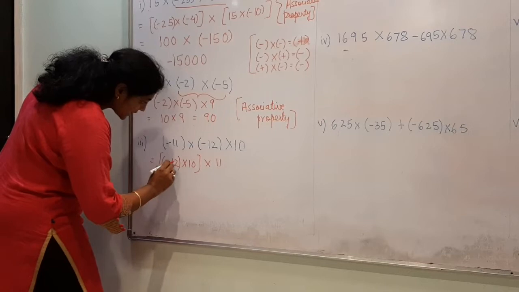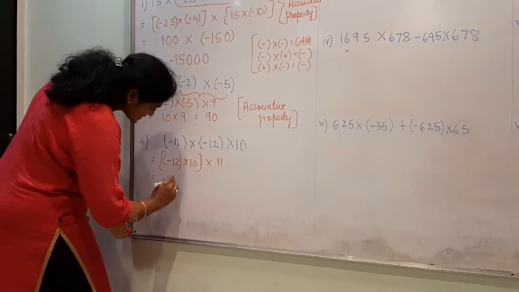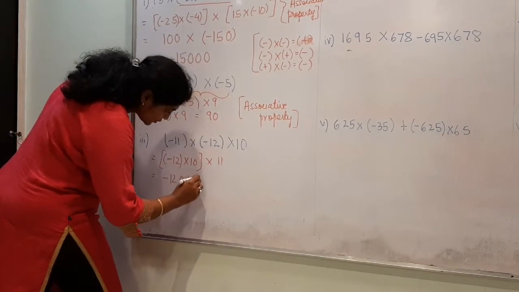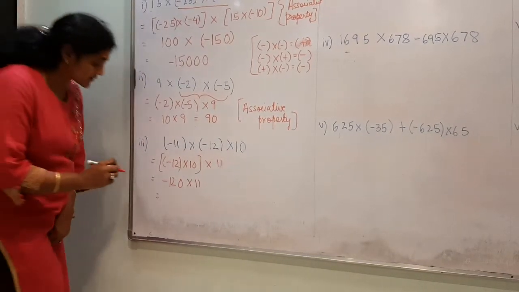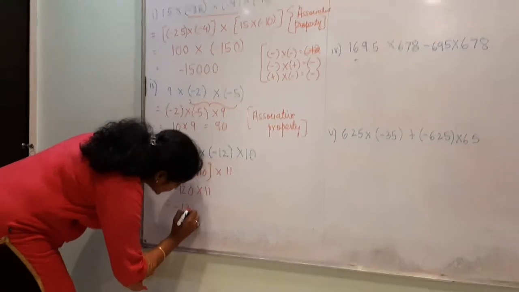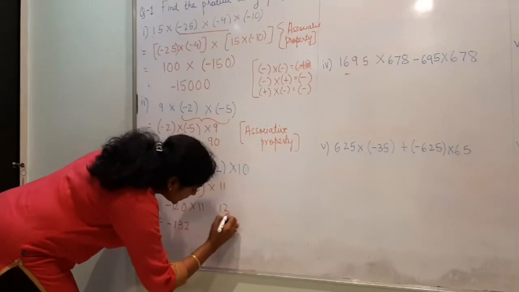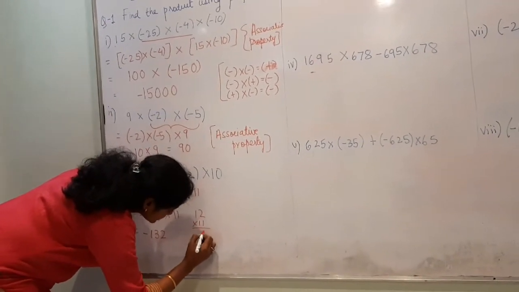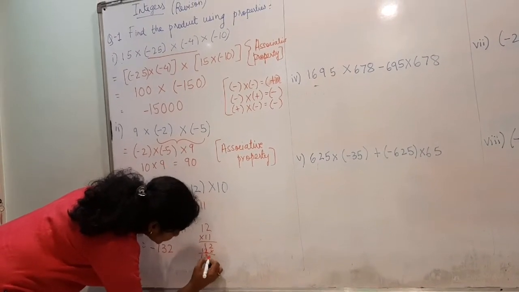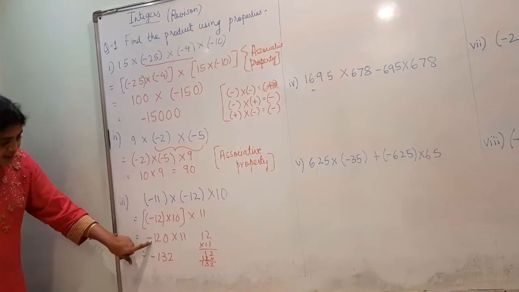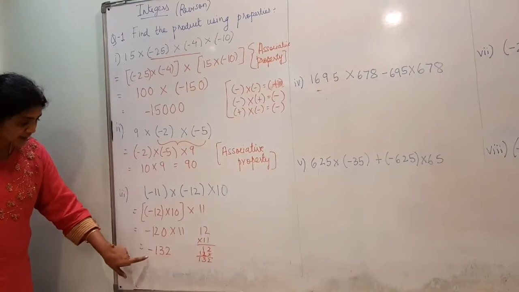So this is minus into plus is minus 120 into 11. You can do it, 12 into 11 is 132. Minus into plus is minus.